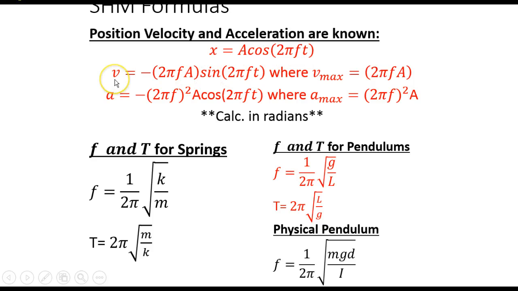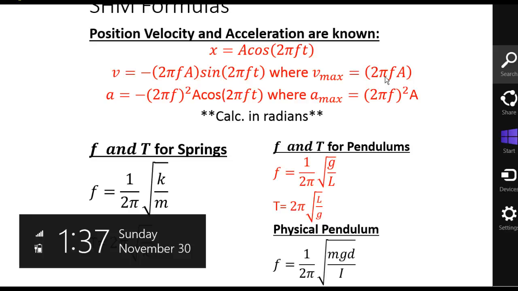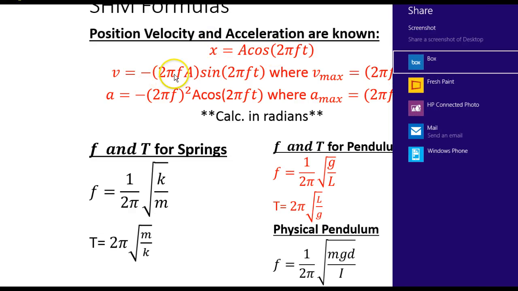We can talk about its velocity at any point in the swing as a function of its frequency and its amplitude, and again, its frequency and the time at which we're trying to find the velocity. We can also find the maximum velocity, which is this little component of that equation. It is the frequency times the amplitude times 2 pi, right? And we see that over here.